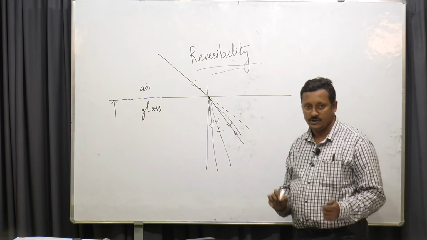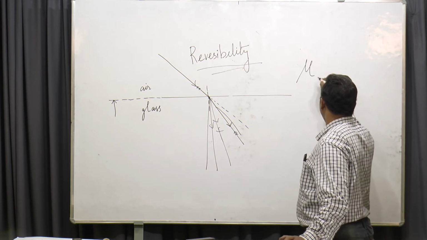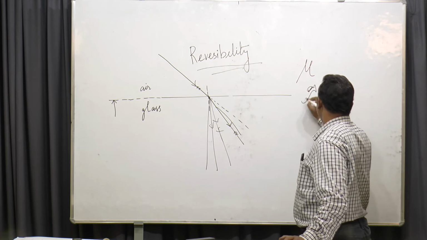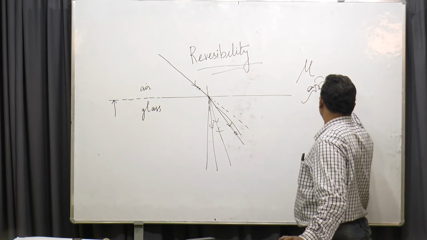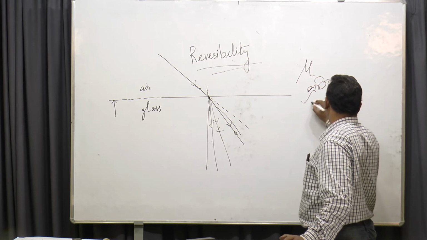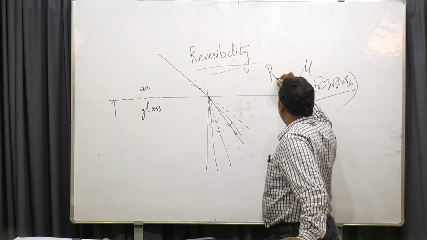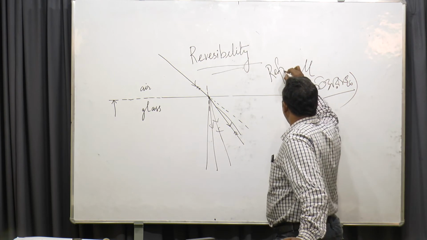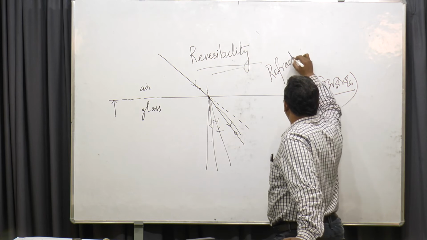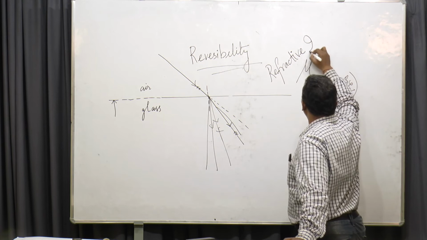How to measure the bending? Because I have a factor called mu. This is called refractive index.